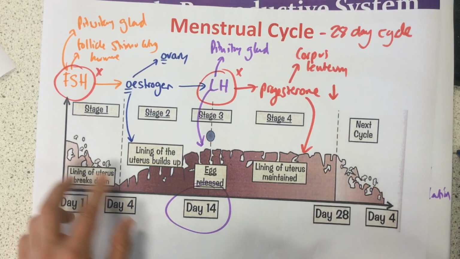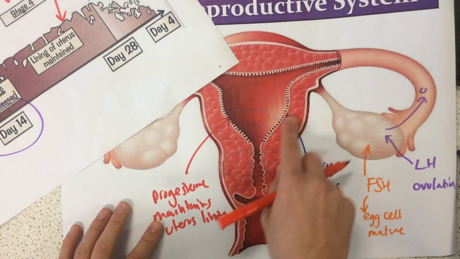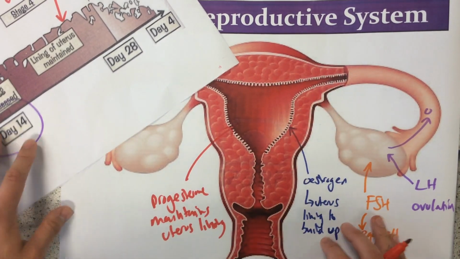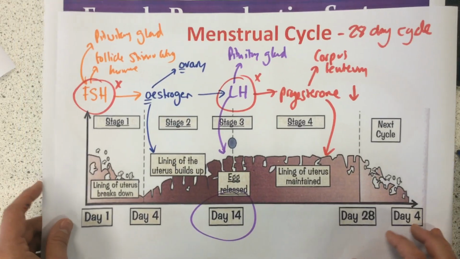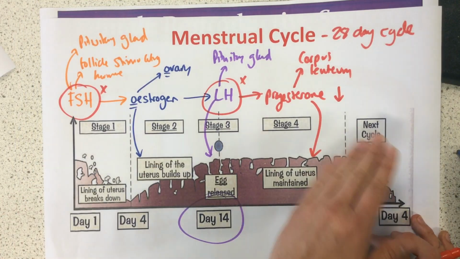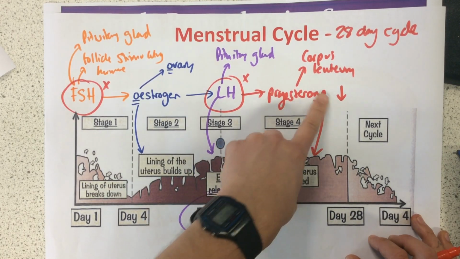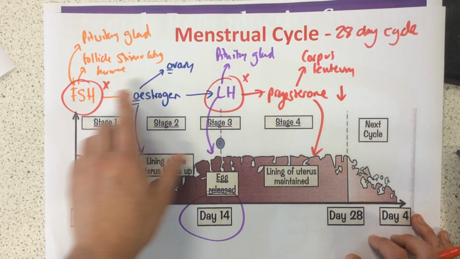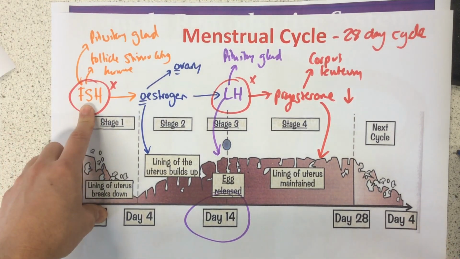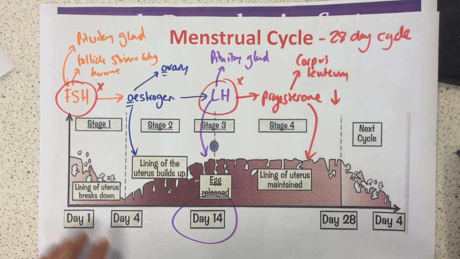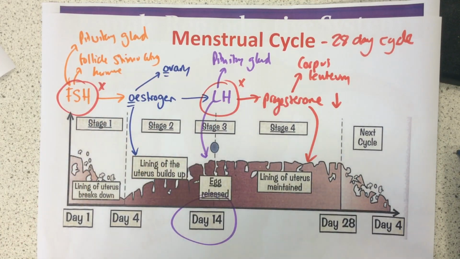So this first stage here, remember, this is where, as the lining is broken down, bleeding occurs, called menstruation, as a part of the menstrual cycle. And then the whole cycle starts again, because if our progesterone levels go down, it means FSH is no longer inhibited and FSH is released again.